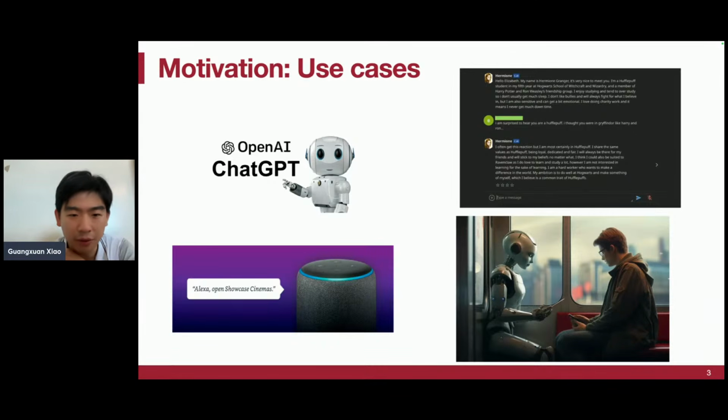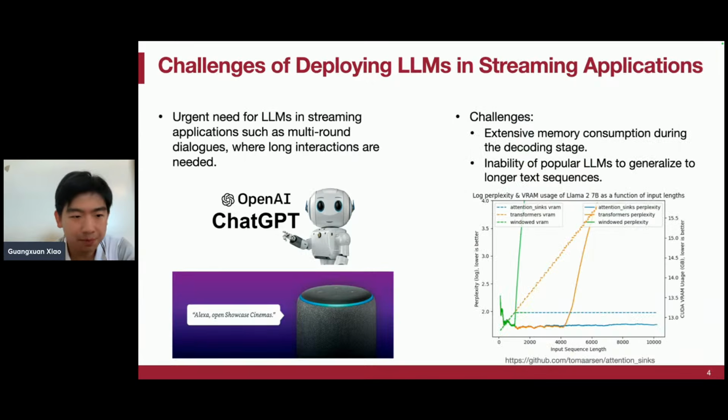For example, if we are building some companion bots, we don't want the model to raise an error like token limit exceeded or out of memory when we chat with it for a certain period. That would be a very bad experience. That's the motivation of our work: all-day-long, streaming, multi-round conversations. We term these applications long streaming applications, where long interactions are needed.